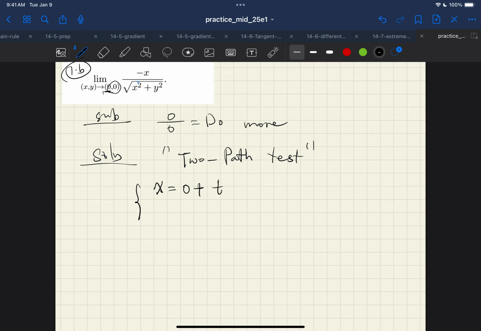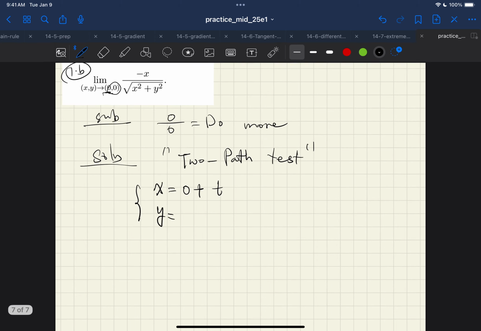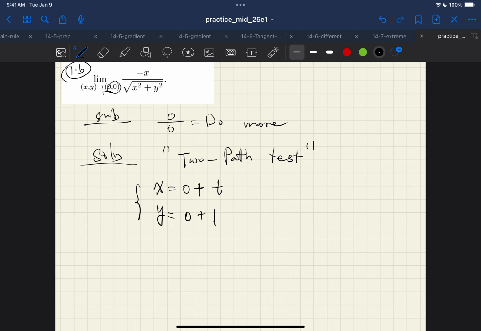So if you change x from the target point 0 by a little bit, t, then y is also going to change, so we change it to pt. p is some given number. Different p gives different lines, with slope p. This is the parameterized equation.